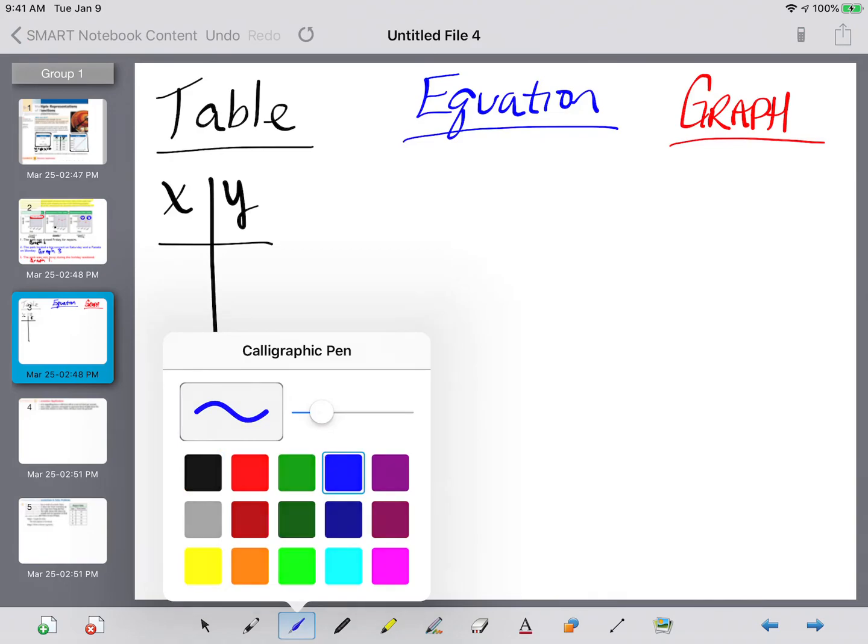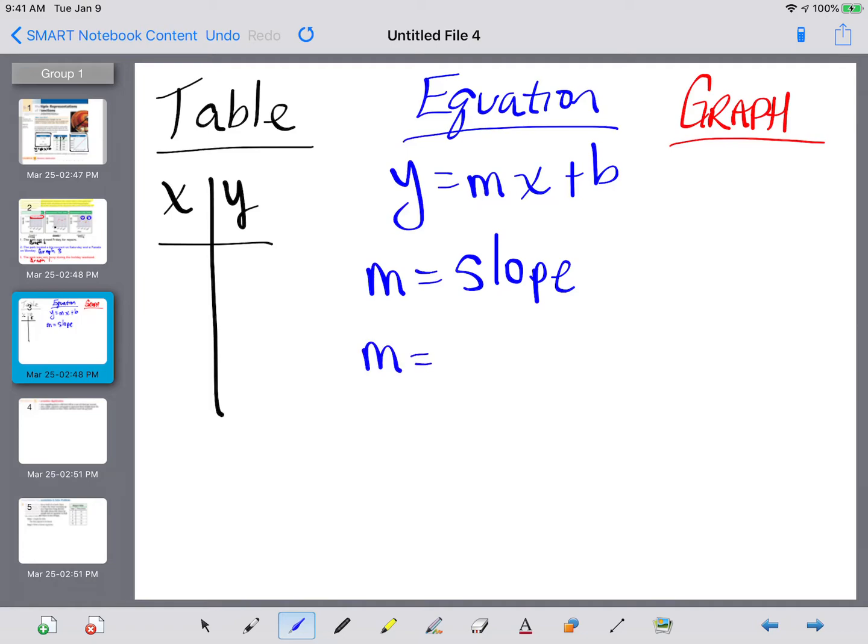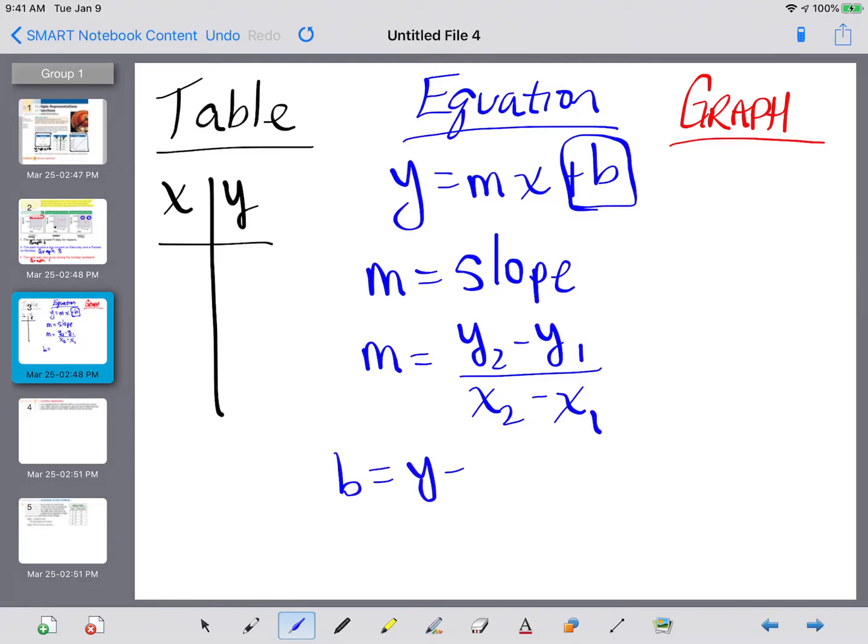An equation could be referring to the form y equals mx plus b, where m is equal to the slope, which our slope formula, if you remember, is y2 minus y1 over x2 minus x1. I'm sure you've seen that before. The b in the equation represents the y-intercept.